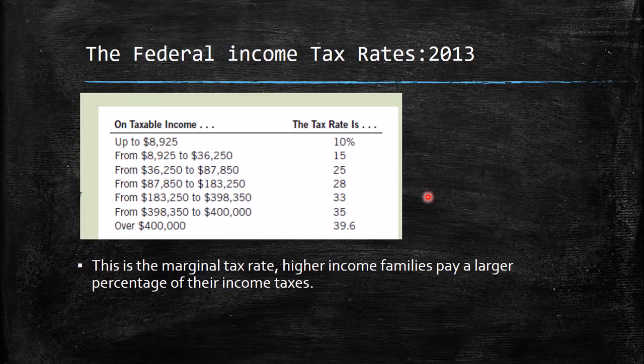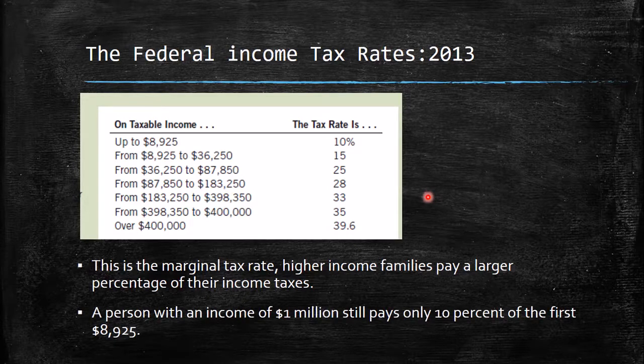But what is important here is, imagine a single person, one person in the family, and the income during the year is $1 million. They still pay only 10% on the first $8,925. When the income surpasses this, they're going to be taxed at different rates. This one until this is going to be taxed with this percentage, and it increases when you get richer.